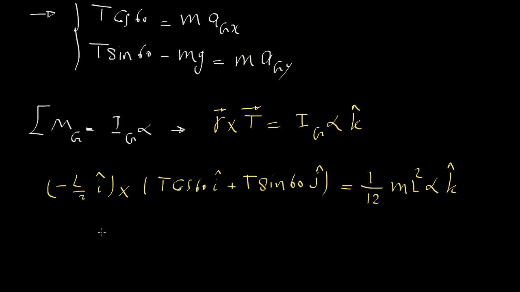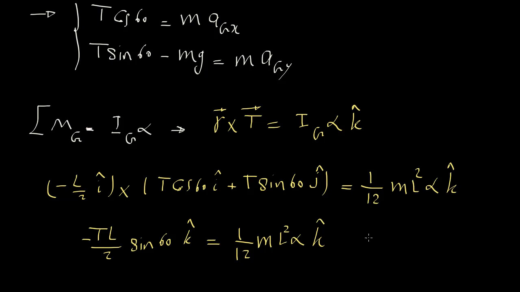So we get T L over 2 minus sine 60 in the k direction, because i cross j is k. This is equal to 1 over 12 m L squared alpha in the k direction.